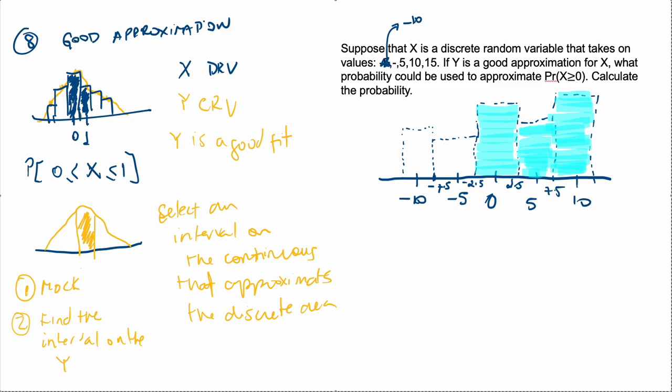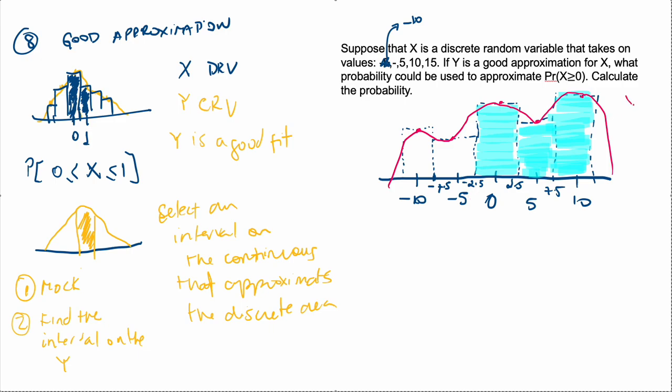But I don't have the histogram. What I was told is that I have a y that is a good fit. So I'm just going to draw. Usually you can draw the way you like. Just try to keep the trend of the histogram, so you have a curve that gives you the shape of the histogram.